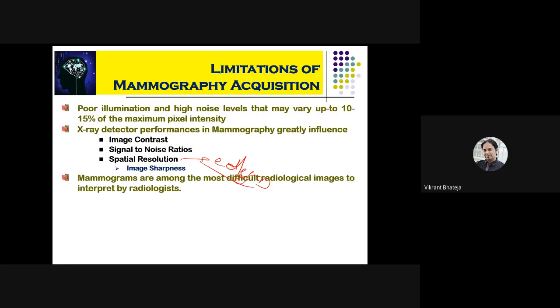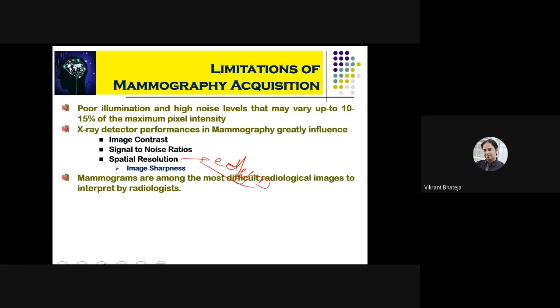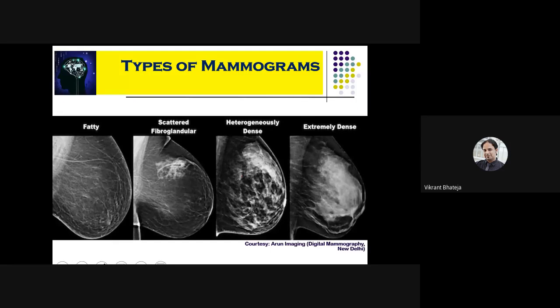Because of these reasons, mammograms are among the most difficult radiological images for the radiologist to interpret, and that is why for analyzing mammograms you require a really skilled pool of doctors or medical experts.